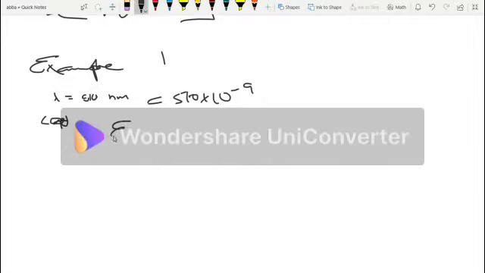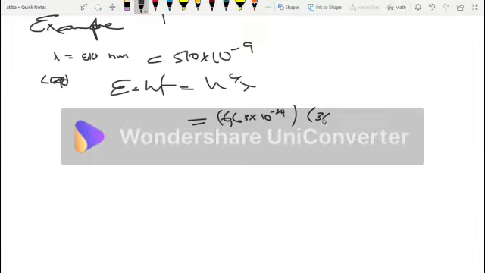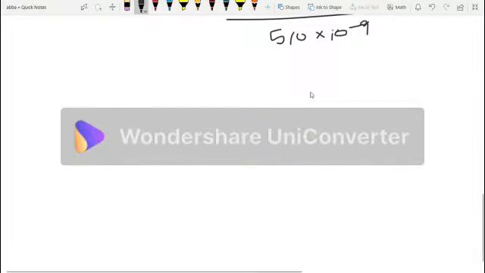Remember, energy is equal to hf, which is equal to hc over the wavelength. So this is 6.63 times 10 to the negative 34, then times 3 times 10 to the exponent 8, divided by 510 multiplied by 10 to the negative 9. So that's basically that.